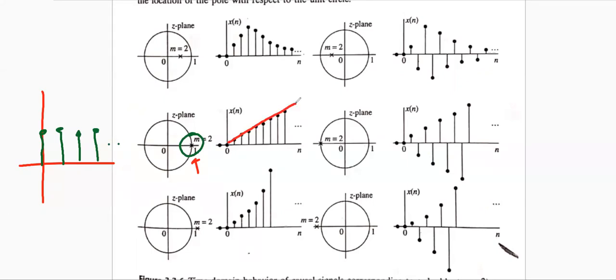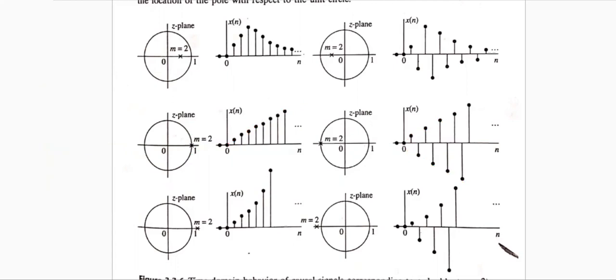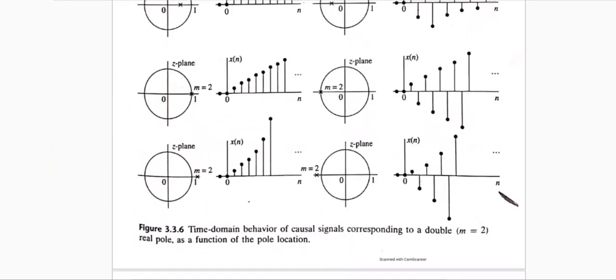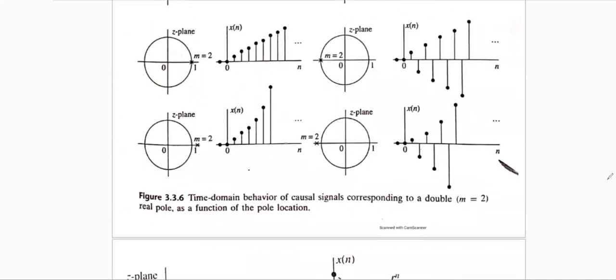So your system is unstable both for negative and positive values. This is very interesting. So you can't use multiple poles on the unit circle. If you use a single pole, it might give a bit stable signal. Otherwise, it will give an unstable signal.